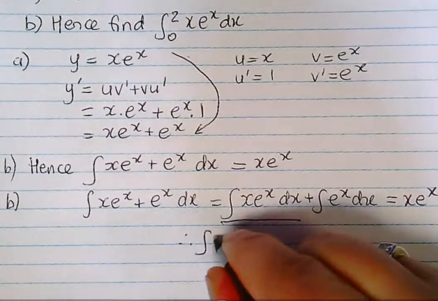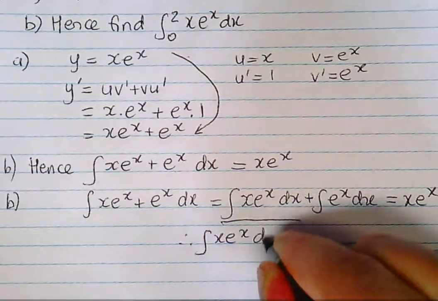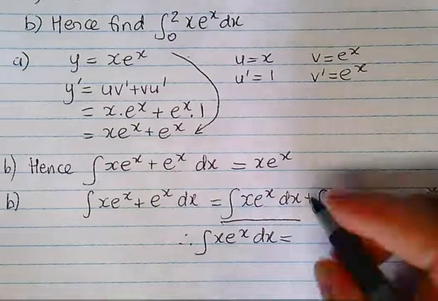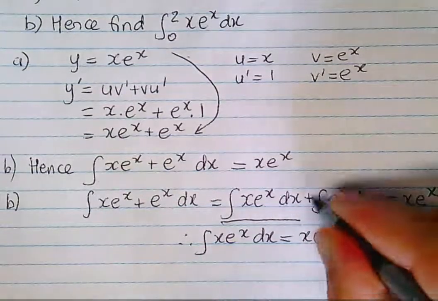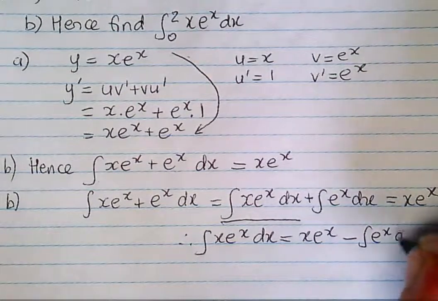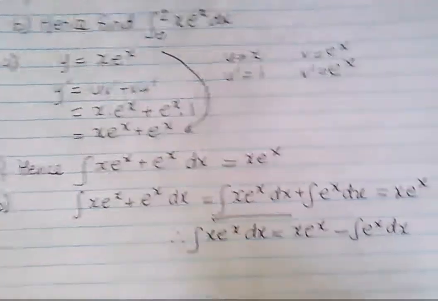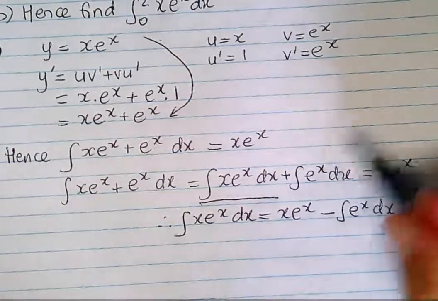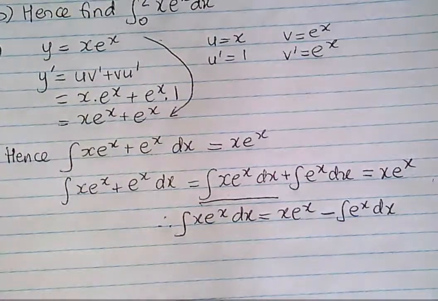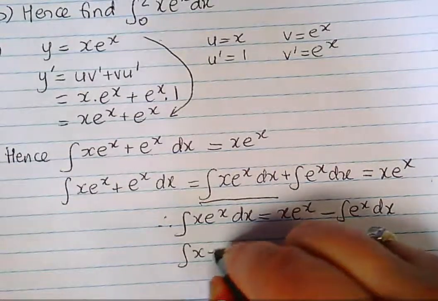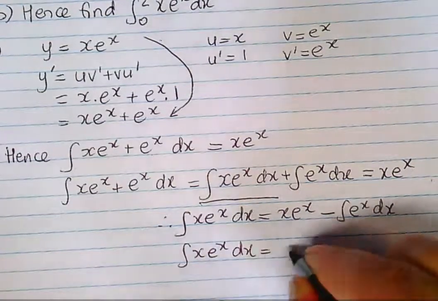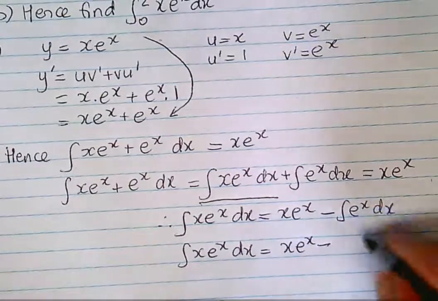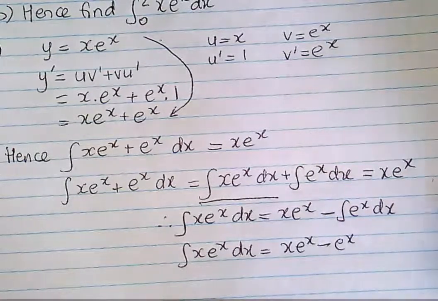So the integral of x e to the x dx would be x e to the x minus the integral of e to the x dx. All I've done is basically the inverse operation, take this over. So the integral of x e to the x dx is x e to the x minus e to the x plus c.